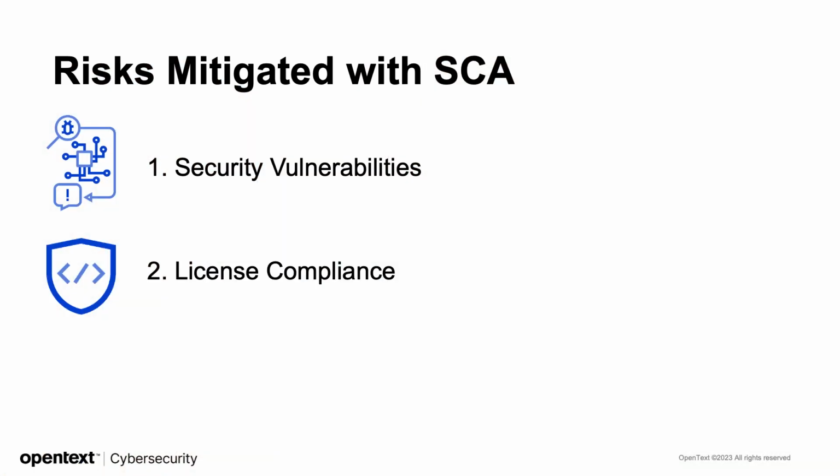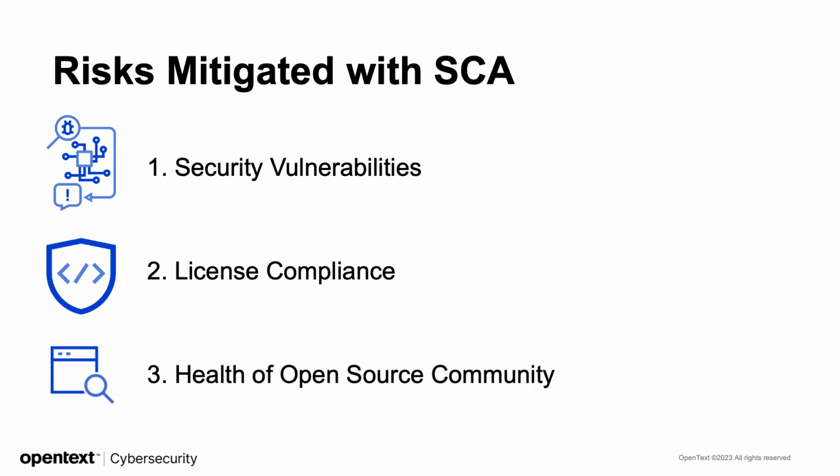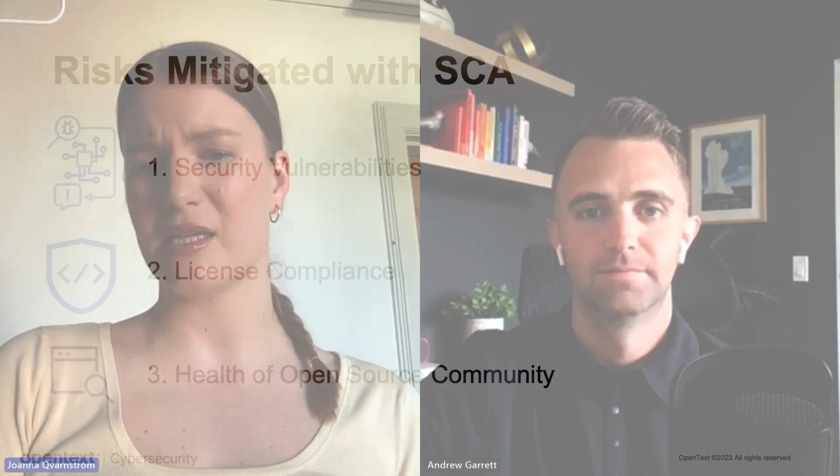And then thirdly, you need to keep track of the health of the community of the open source that you're using. And this is perhaps not as well known as a risk. So what does this mean? This means that, for example, there are millions of open source projects out there that are maintained by just 1 or 2 people. So what happens if they stop maintaining it when you've already based some of your code on that project?